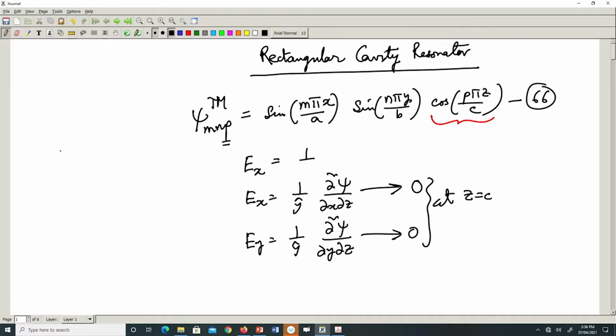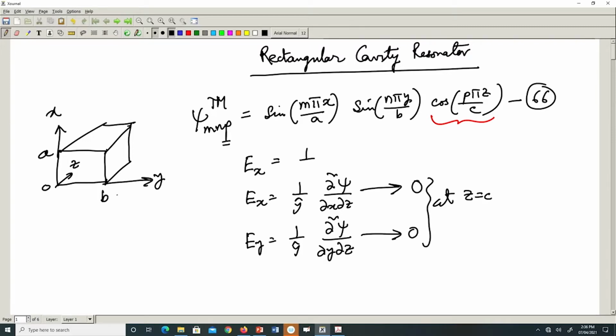So, I have the cavity structure. This is again my x direction, this is my y direction, this is my z direction. So, this is 0, a, b, and along the z direction the dimension is c. So, for the cavity, Ex and Ey have to both vanish on these two surfaces.